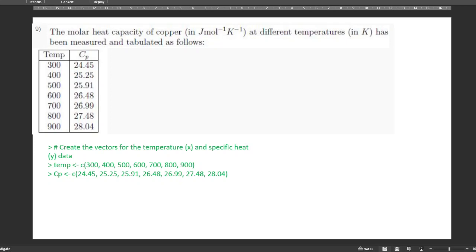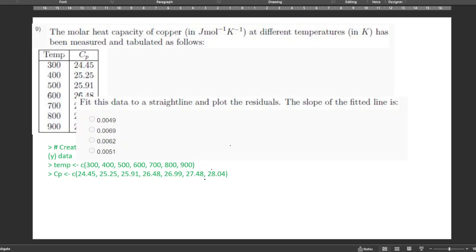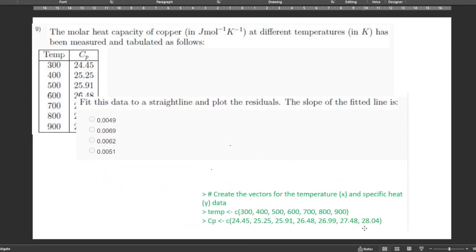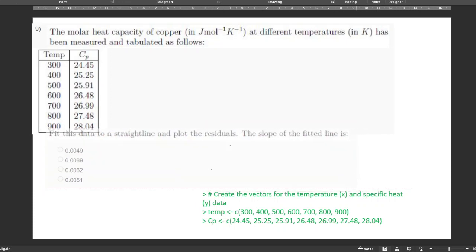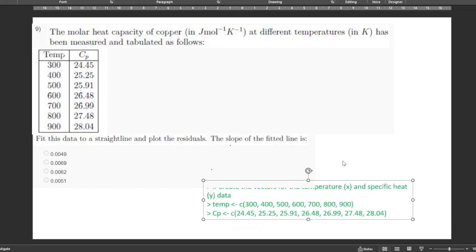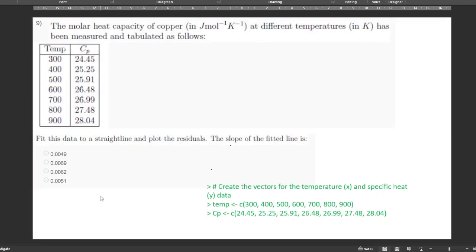The question is to fit this data to a straight line and plot the residuals. One second. Okay, so first we have to plot them and check, and we have to fit this data with a straight line.